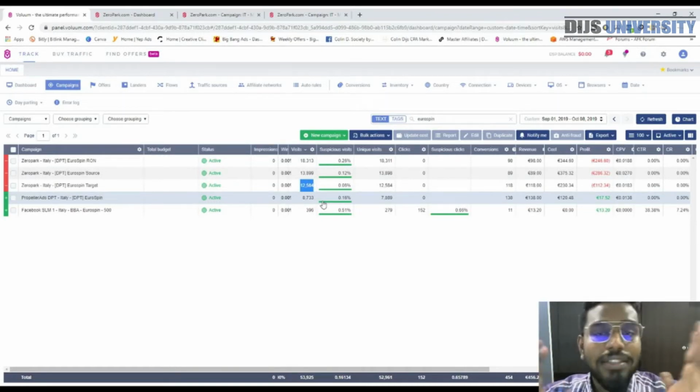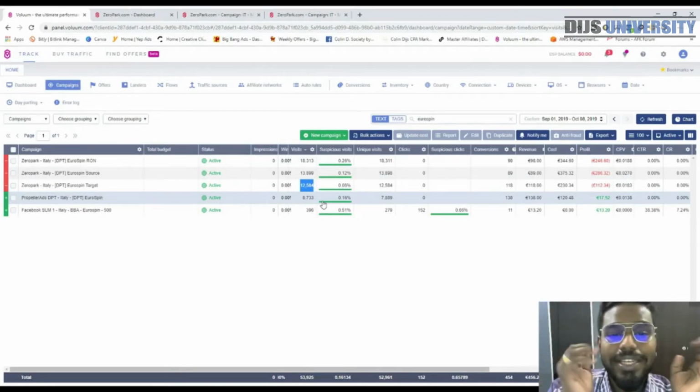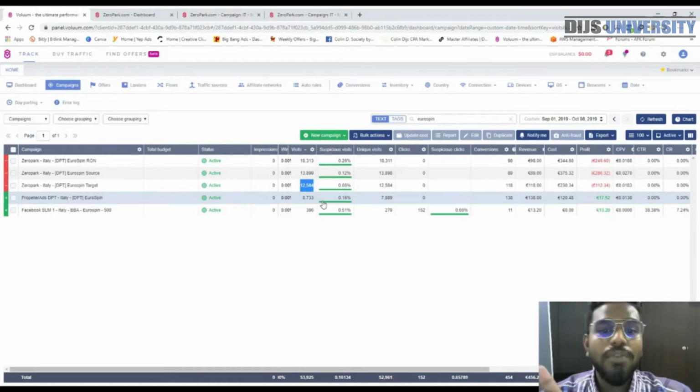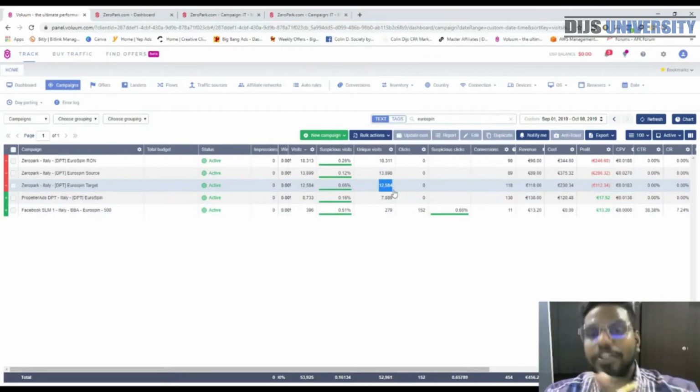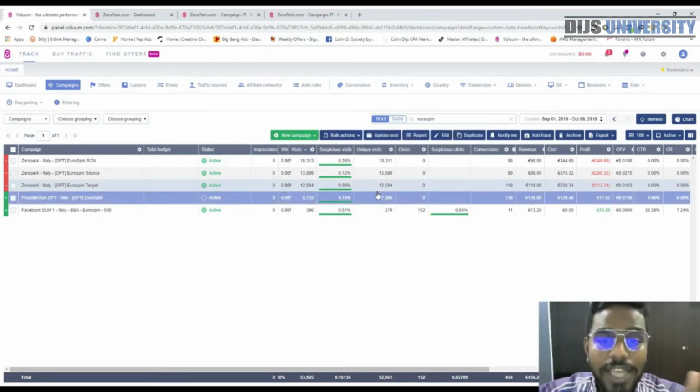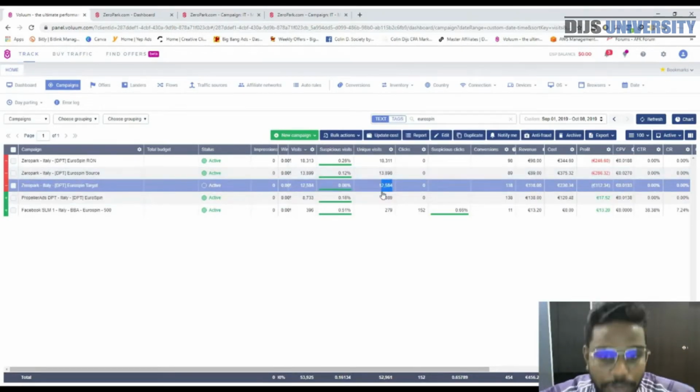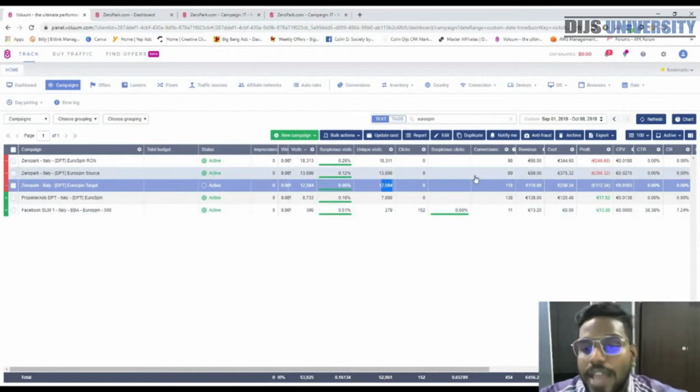Volume has a bot detector where you can detect the suspicious traffic, and once that is cleared, the unique visit is what remains after the bots have been removed. So this is the actual amount of traffic that you get.